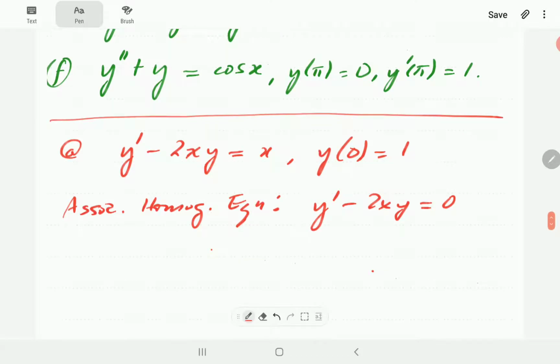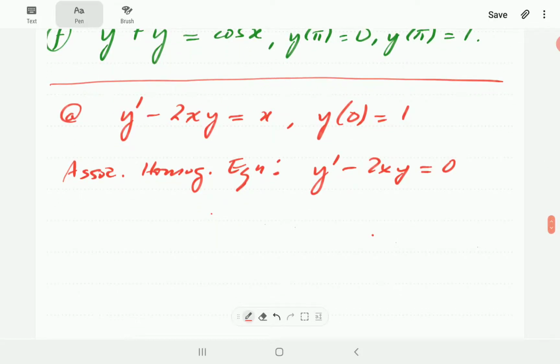So here we're just going to have y prime minus 2xy equal to 0. Now this is a first order linear equation, the type of which we have already dealt with. If you'd like to have a look at our video on first order linear ODEs, then that would be useful. This is also separable, but we're going to solve it here using the fact that it's linear.